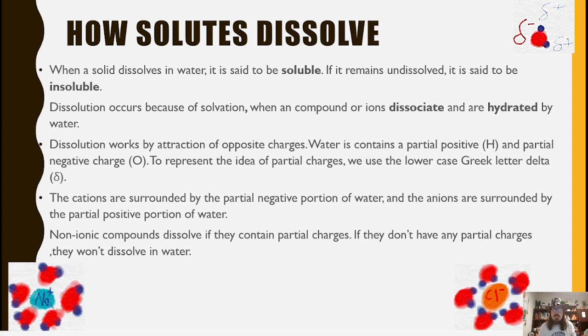Now, when something dissolves, the dissolution occurs because of a process called solvation. Basically, water is hydrating the molecule. Whether this remains a compound that is unbroken or it's an ionic compound that breaks up into its individual ions and dissociates, they are being hydrated by water.